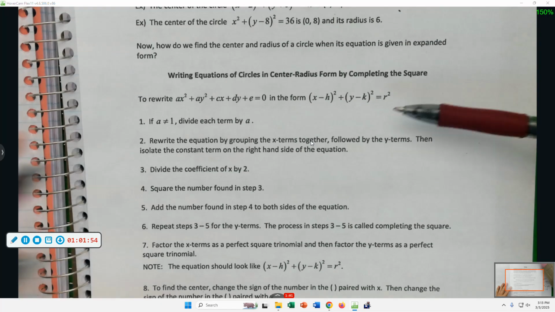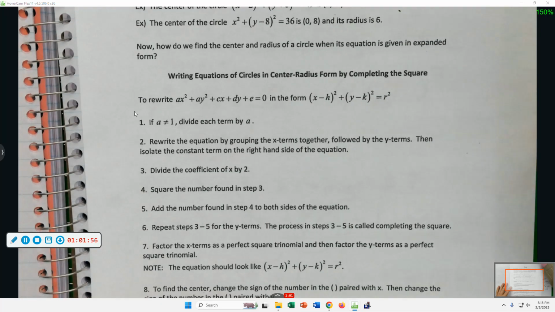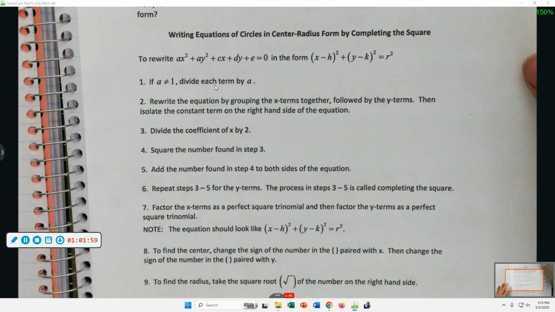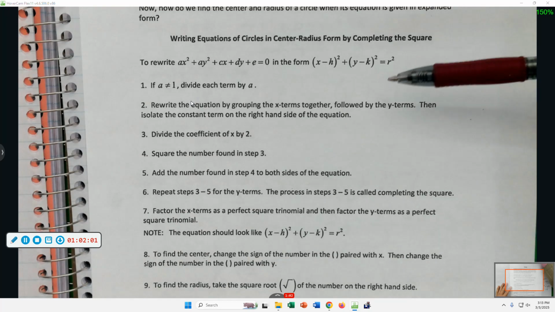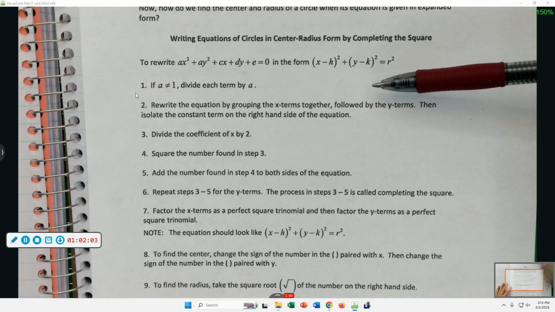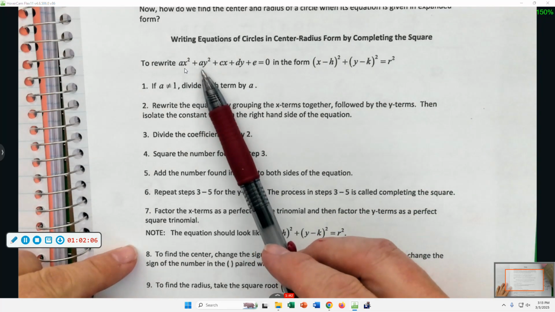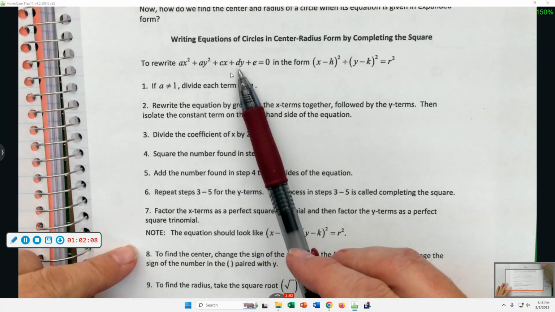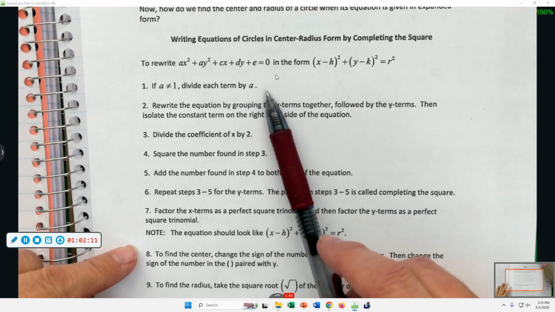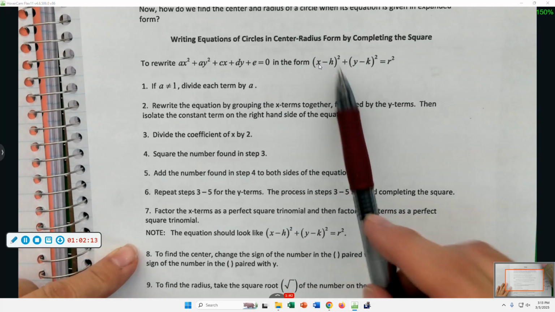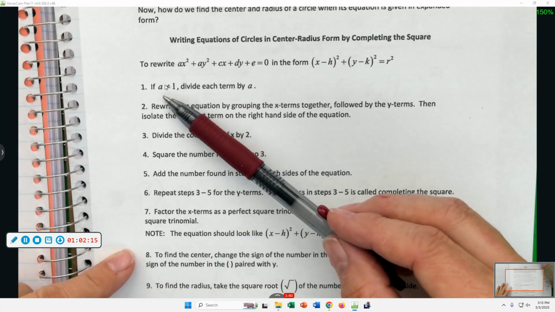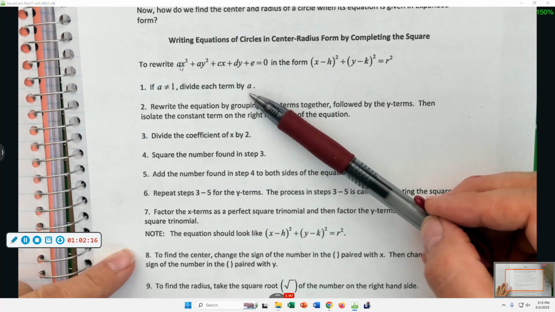Oh, look at this, though. Here I have the steps for completing the square, and there's something I have written here that we haven't encountered yet. It says to rewrite ax squared plus ay squared plus cx plus dy plus e equals 0 in standard form. If a doesn't equal 1, divide each term by a.